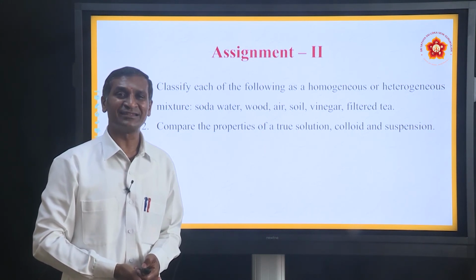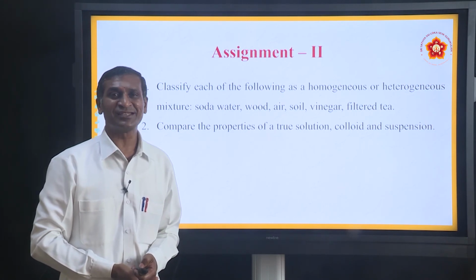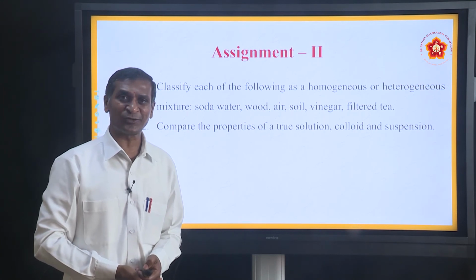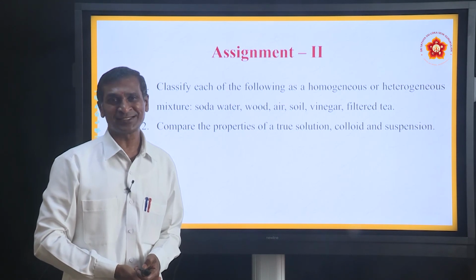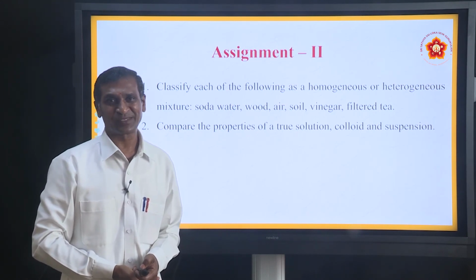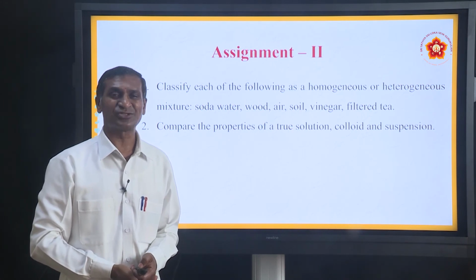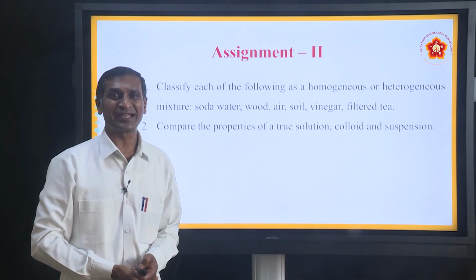And finally, we had a comparative study between a true solution, a suspension and a colloid. Unique properties of colloids: the Tyndall effect, the Brownian movement and coagulation. Hope all of you have understood today's part 2 of the chapter Is Matter Around Us Pure.